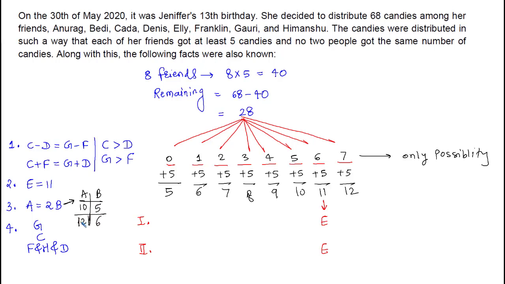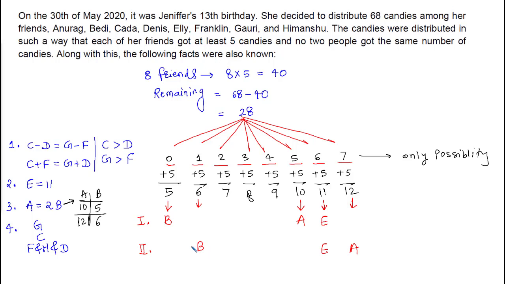So in the first possibility, we'll write A is equal to 10 and B is equal to 5. In the second case, we will write A is equal to 12 and B is equal to 6.